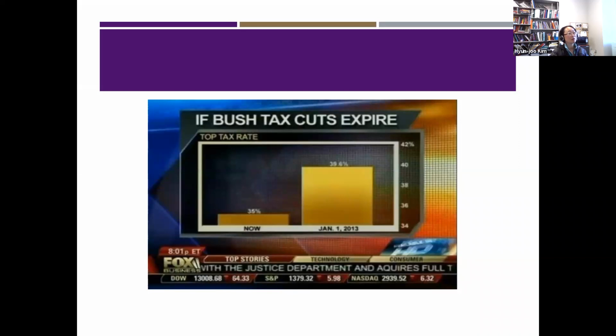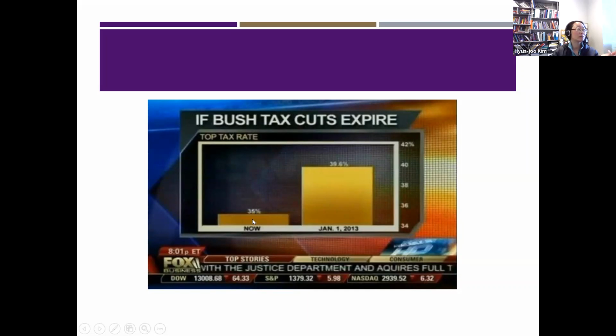This is from a long time ago, 2013. Okay, so there's January 1st, 2013. It's been a while, but if the Bush tax cuts expire, what's going to happen to your top tax rate? It goes from 35% to 39.6%.